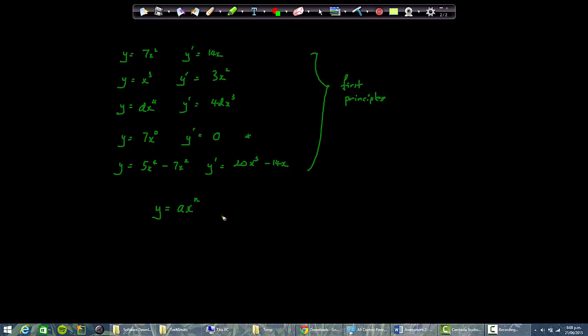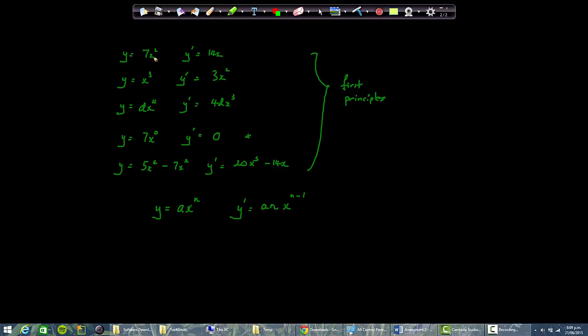And in the derived function, you might notice that each time you took the power times the number in front, in other words a times n, and then subtracted 1 from the original power, you end up with the derived function.